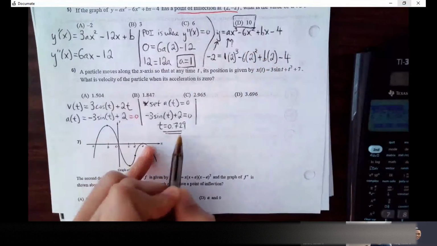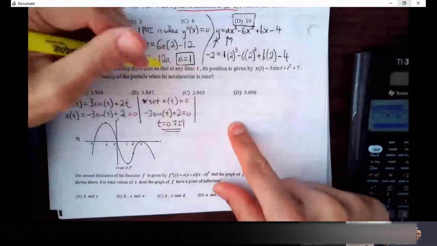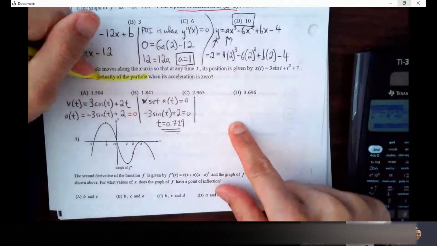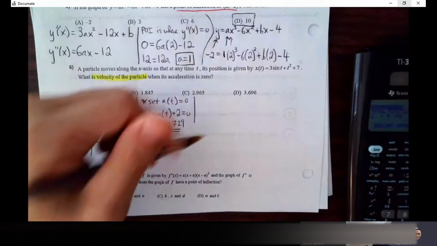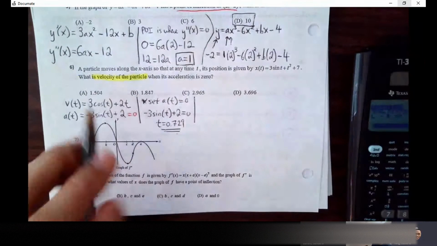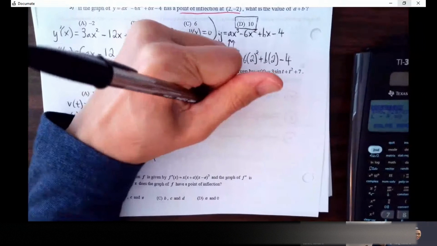we're asking for the velocity at this time. Okay, we're asking for the velocity at this time. So it's a two-step process. First, we have to figure out the time that's appropriate, and then we're going to enter that time into the velocity. So now we can find the velocity at this moment in time.